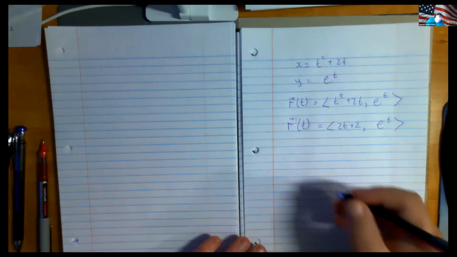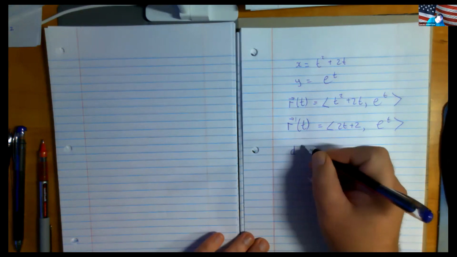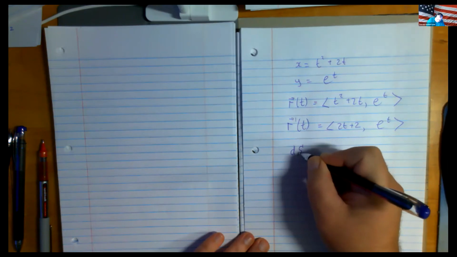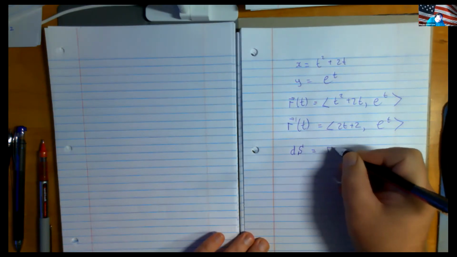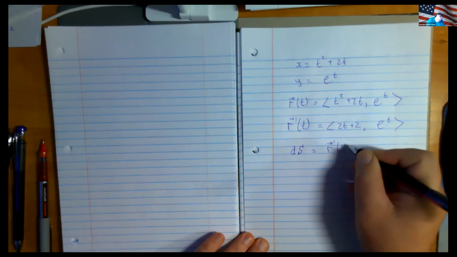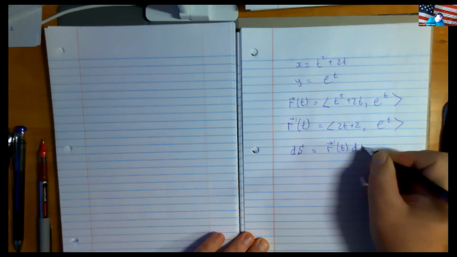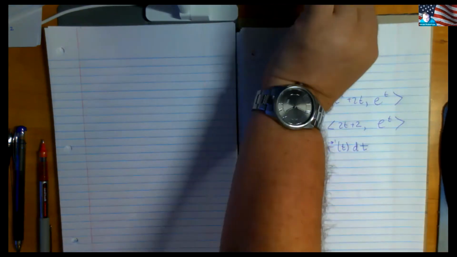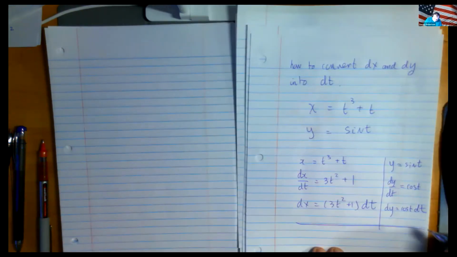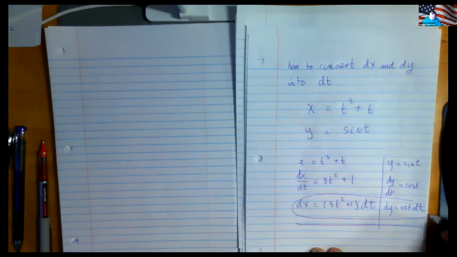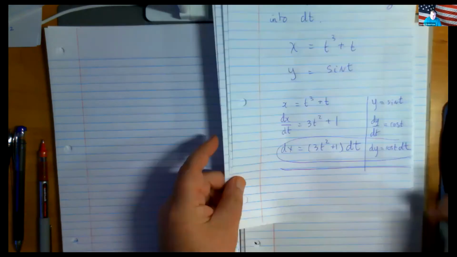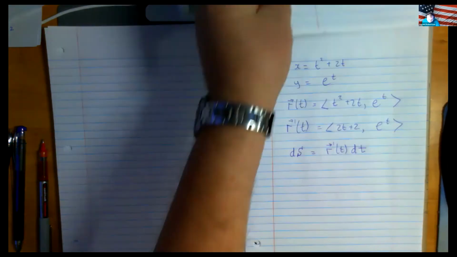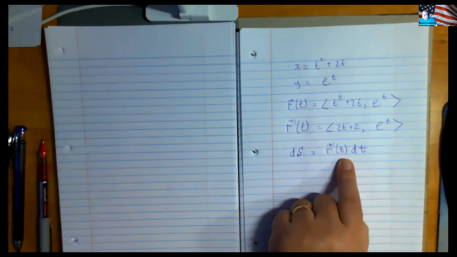Yeah. There's a guy that you're going to meet in these questions called ds. ds is the magnitude of r dashed of t, dt. It's basically taking those guys and writing them down in a convenient, concise format.